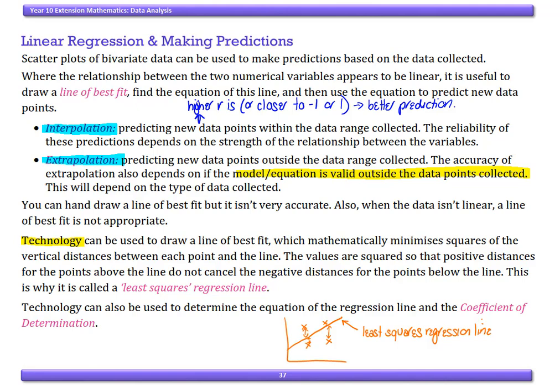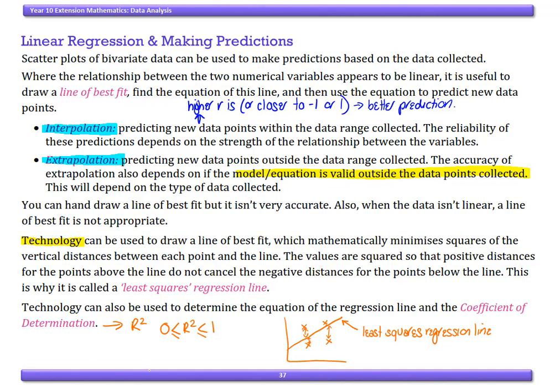Now, technology can also be used to determine the equation of the regression line and also the coefficient of determination. And our coefficient of determination is our R squared. Now it's R squared because we don't care about whether it's positive or negative, whether it's sloping in the negative or positive direction. All we care about is the strength. Okay, and again, our R squared, the highest it can be is 1, but because we're squaring, the lowest it can be is 0.